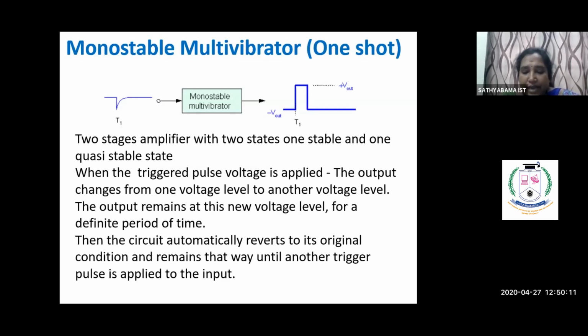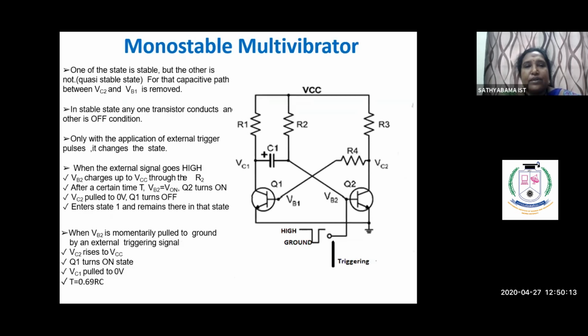Got it? Now I'll explain the circuit operation. Look at the circuit: Q1 transistor and Q2 transistor. The concept of the monostable multivibrator is that we provide a single stable state only.